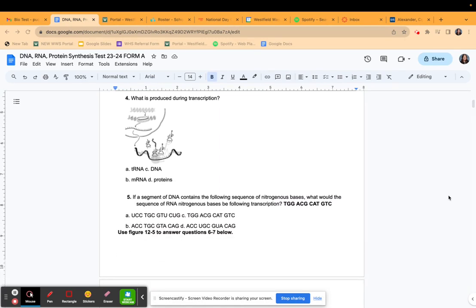Number 4. What is produced during transcription? A. tRNA, B. mRNA, C. DNA, or D. Proteins. Number 5. If a segment of DNA contains the following sequence of nitrogenous bases, what would the sequence of RNA nitrogenous bases be following transcription?